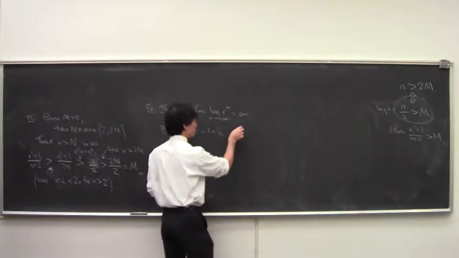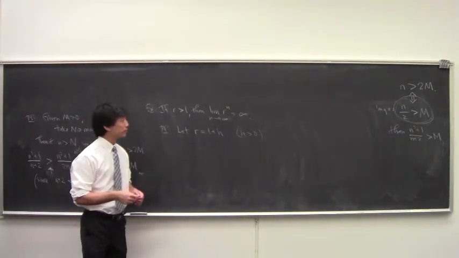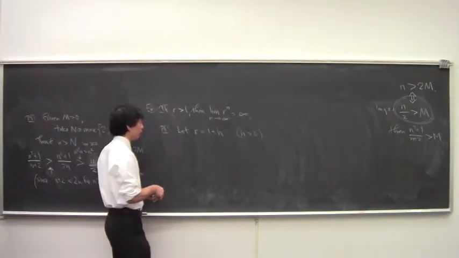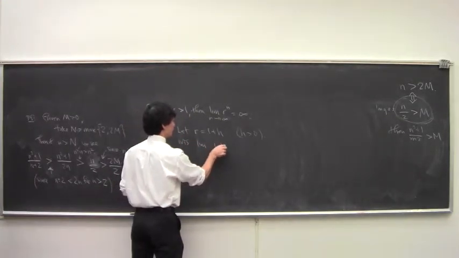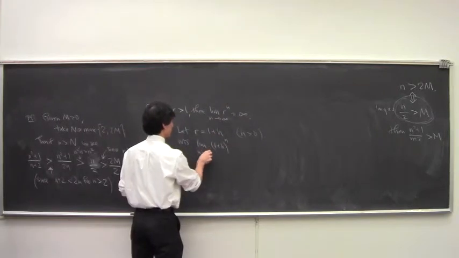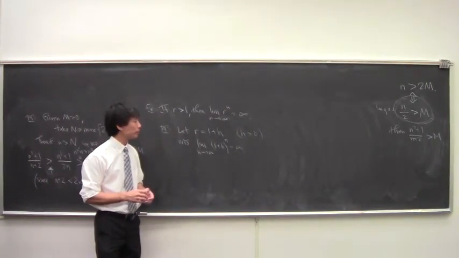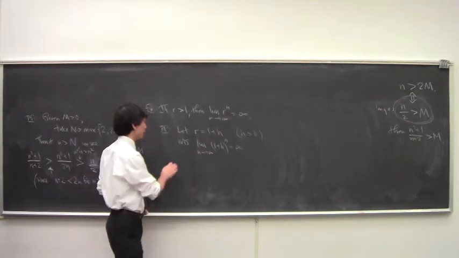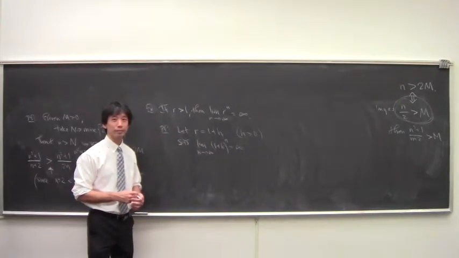Okay. 1 plus h, some small positive number h. Okay. And so we want to show, right, that the limit of 1 plus h to the n as n goes to infinity is infinite. Okay. Just to rephrase it. For any positive number h, it suffices to show that this thing is infinite.